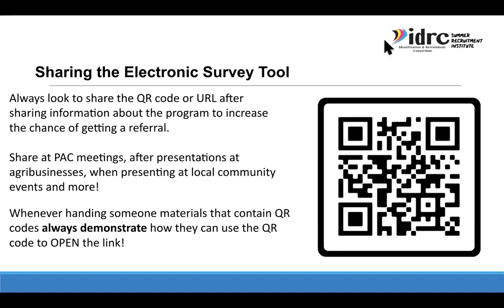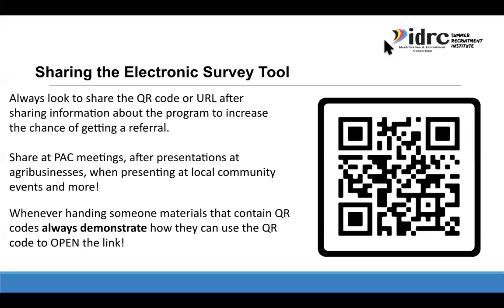And so they know exactly what it is that you're doing. Giving them access to send you information quickly in the moment is a terrific way of helping to get referrals. But when you are sharing the QR code, make sure that you always demonstrate how the families can use the QR code and how they can open the link.